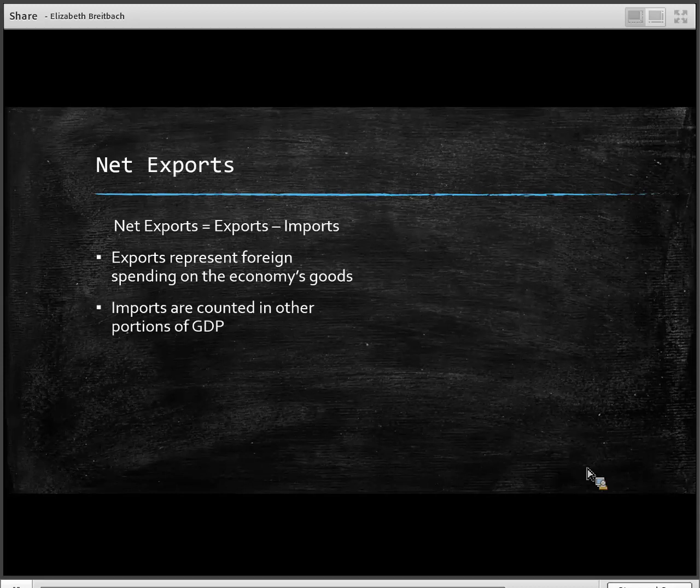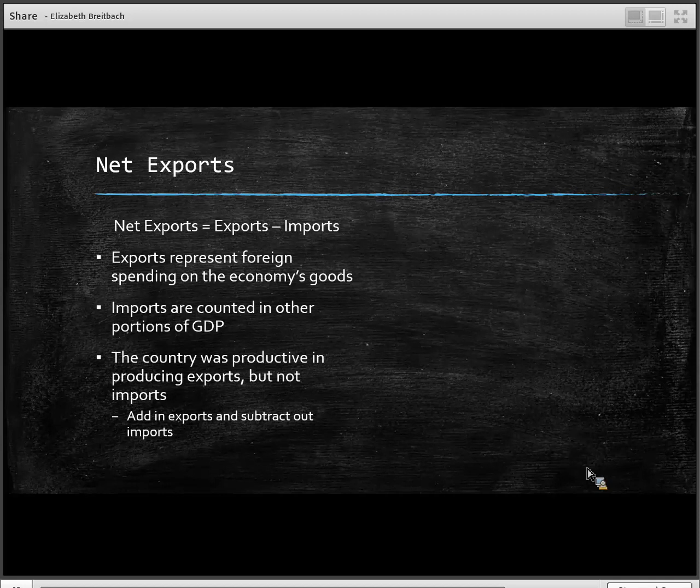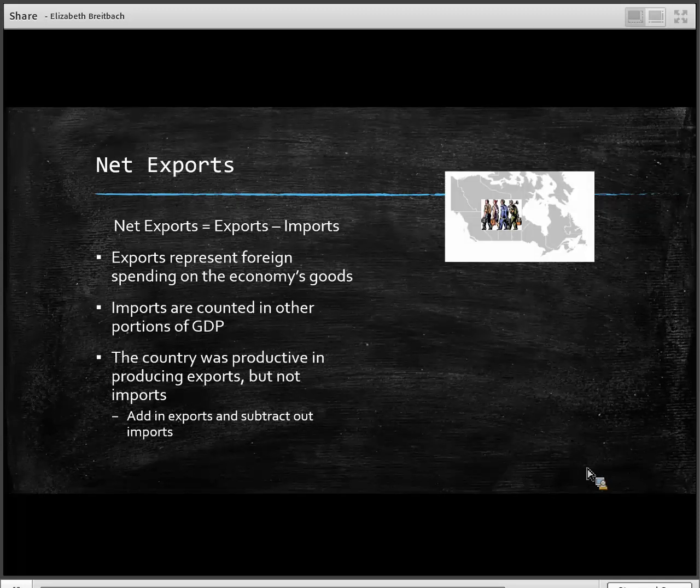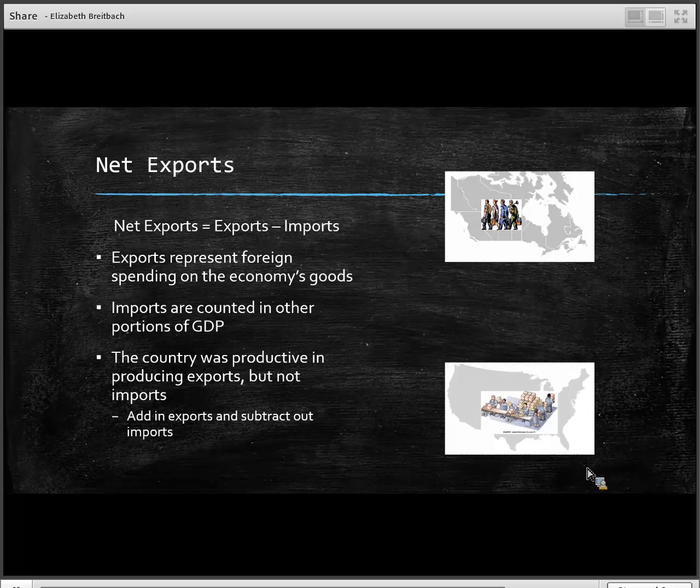So let's go through an example. Let's say that there are some workers in Canada producing goods, and there are some workers in the United States producing goods. So our workers in the United States are producing all of those goods, and then we ship those goods off to Canada and they're consumed in Canada. The US was very, very productive there.